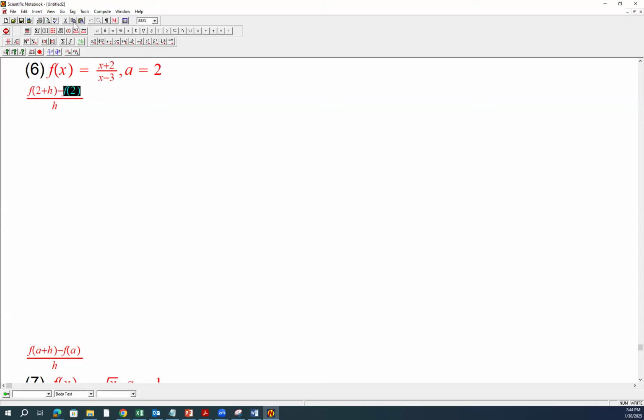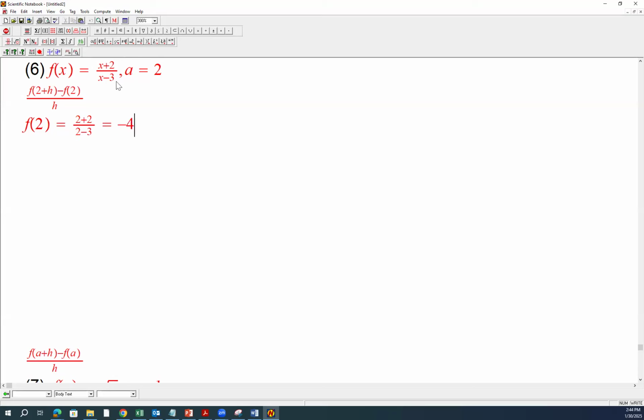Okay, let's see f of 2. What is f of 2? f of 2 will be this function replacing x by 2. So 2 plus 2 is 4. 2 minus 3 is negative 1.